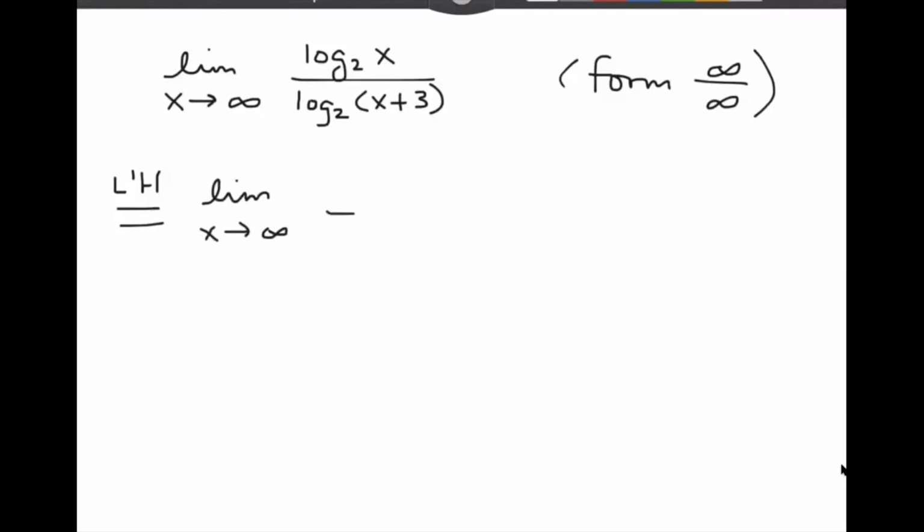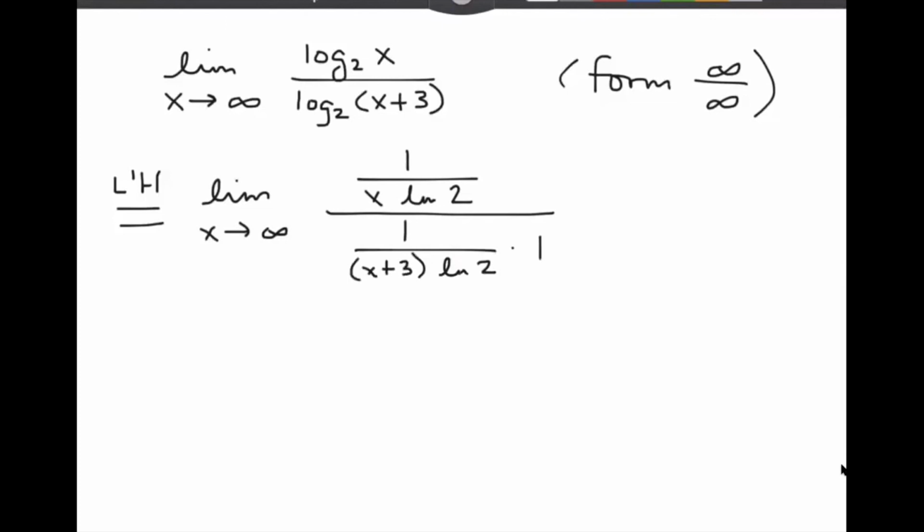But actually, the derivative of log base 2 of x is 1 over x natural log 2. And the derivative of log base 2 of x plus 3 is 1 over x plus 3 times natural log 2 times the derivative of x plus 3, which is 1.